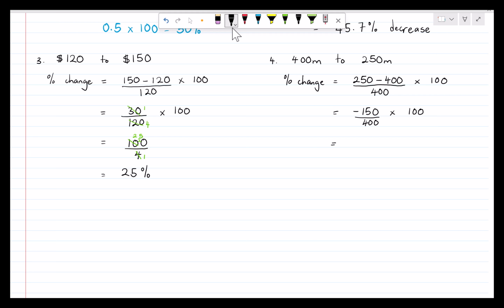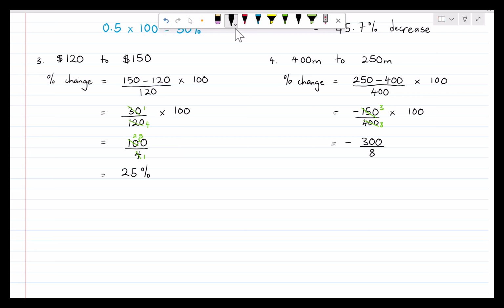We're going to simplify negative 150 over 400 by dividing both by 50. 50 into 150, that is 3, and 50 into 400, that is 8.